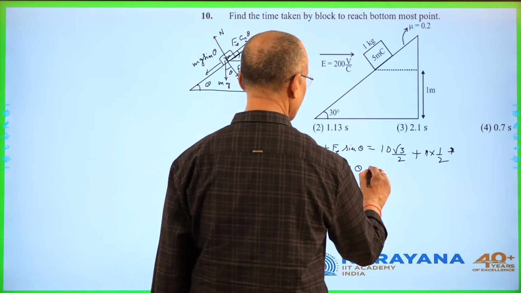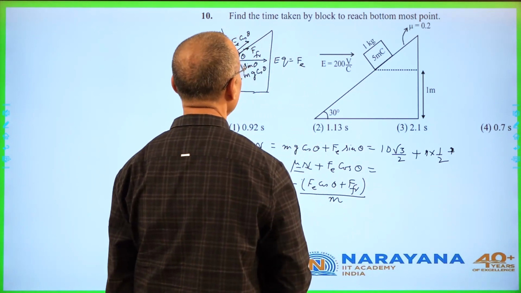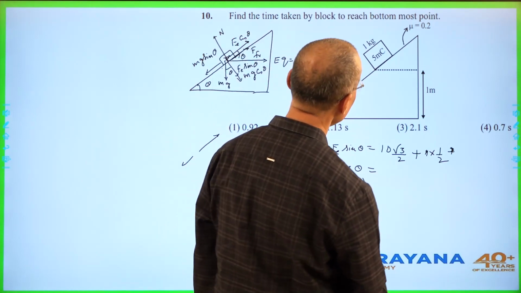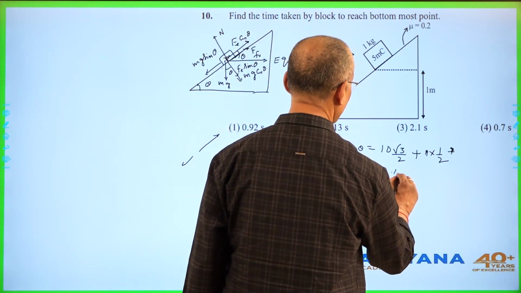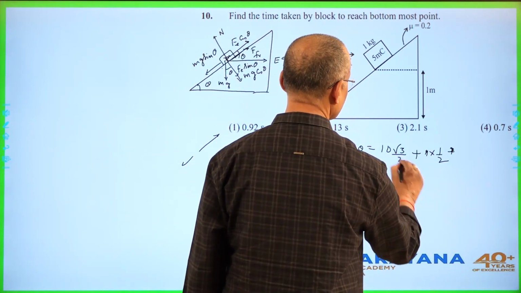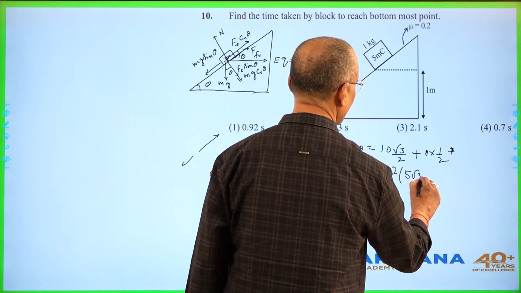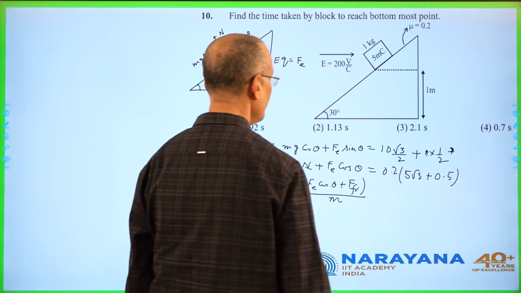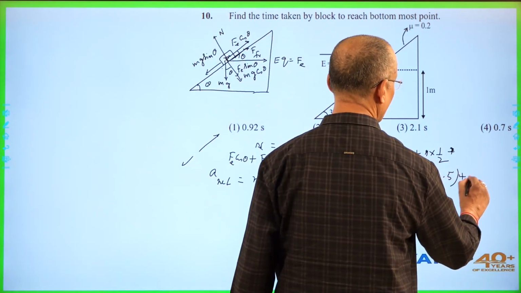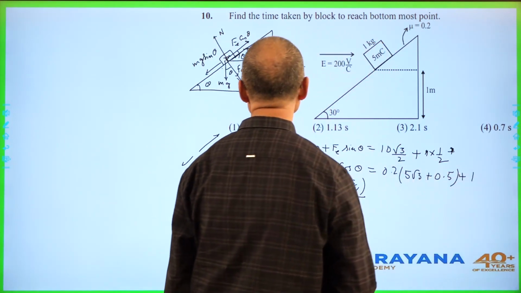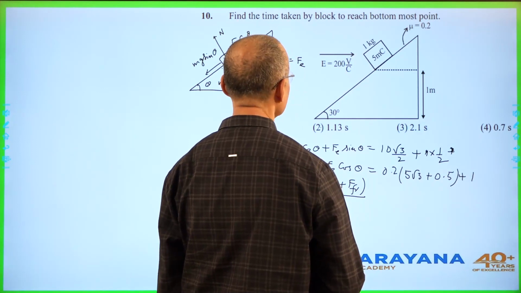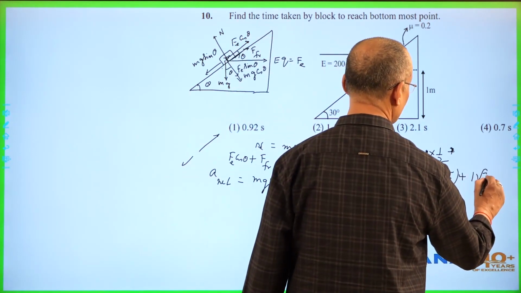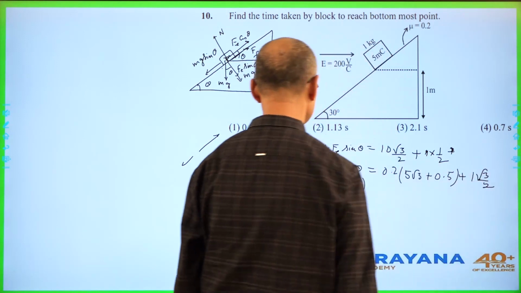So if you take mu into N, mu they had given you 0.2, so 0.2 into (5 root 3 plus 0.5), plus Fe cos theta, which is 1 into cos 30 degree, root 3 by 2.